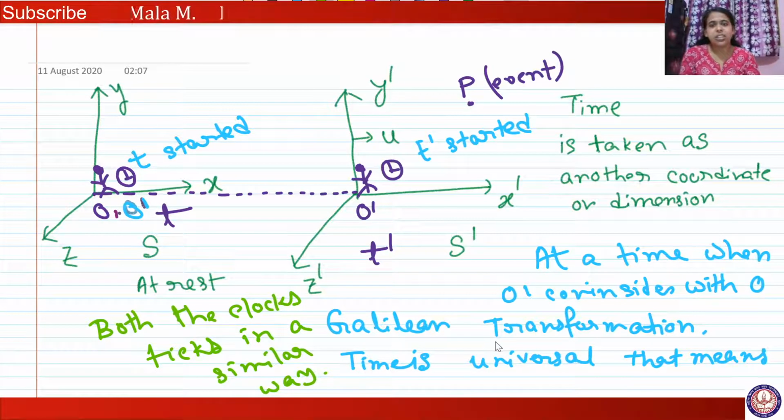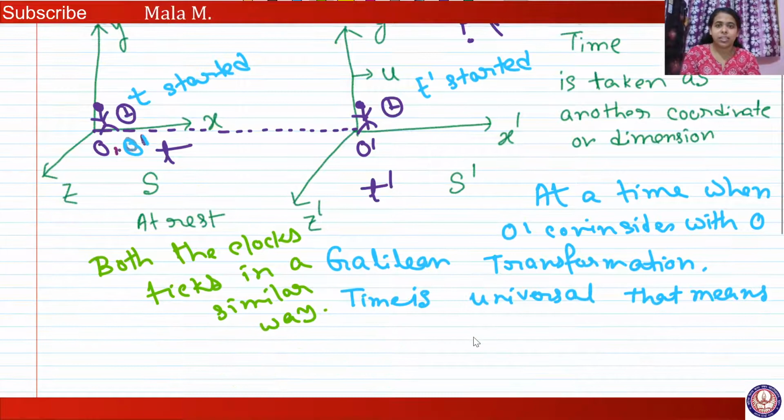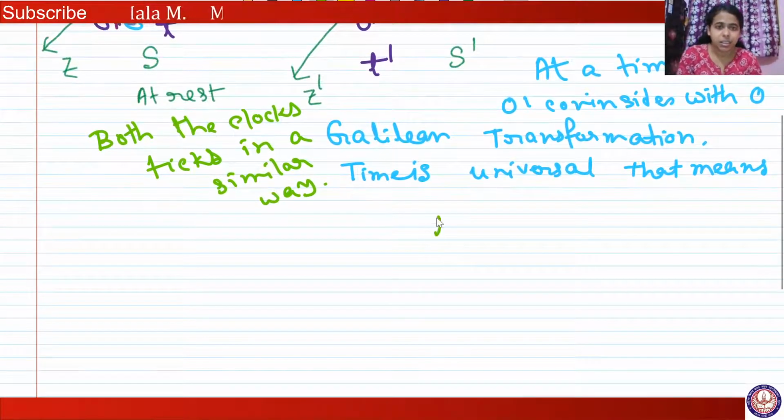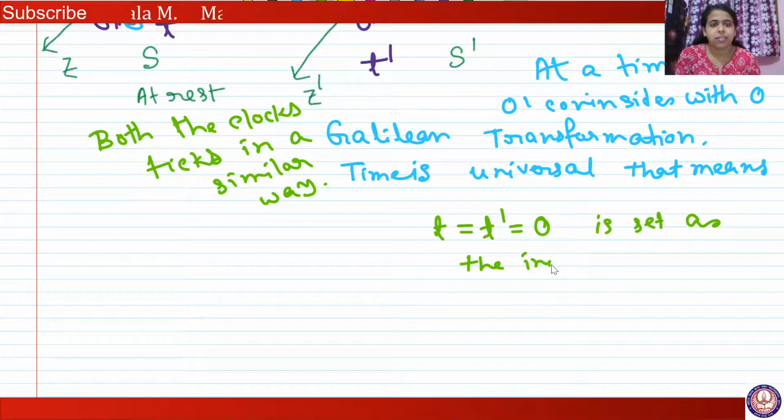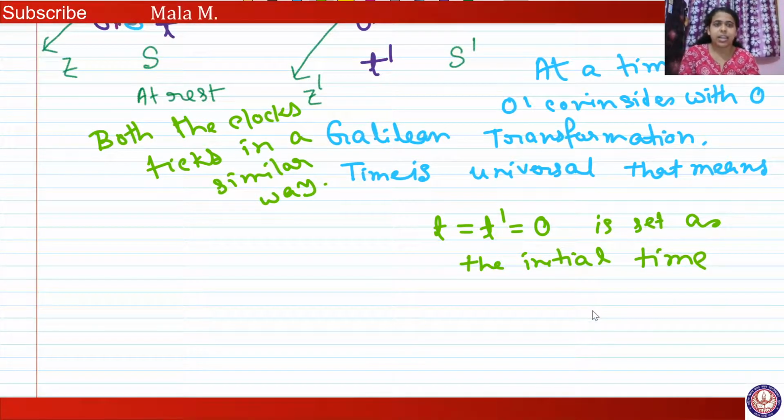So the countdown started when O and O prime overlap. That means when t is equal to t prime is equal to 0, that is set as the initial time. So it is our initial time.